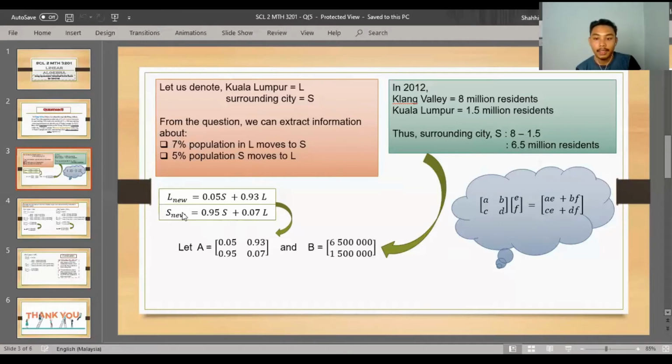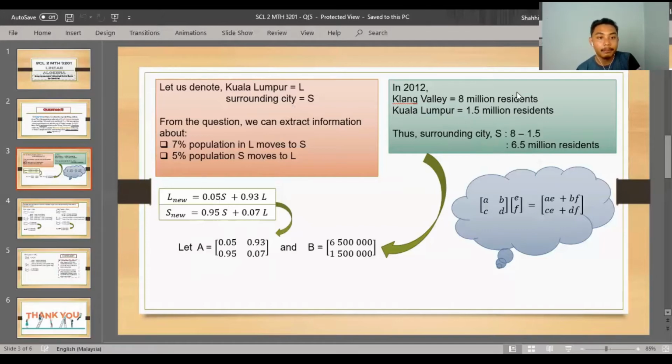So by gathering all of this information, we can solve the problem by using a matrix. Let's say that 0.05, 0.93, 0.95, 0.07 be a matrix, and let's call it matrix A. And as we can see here, we have the total residents in Kuala Lumpur and surrounding cities respectively.